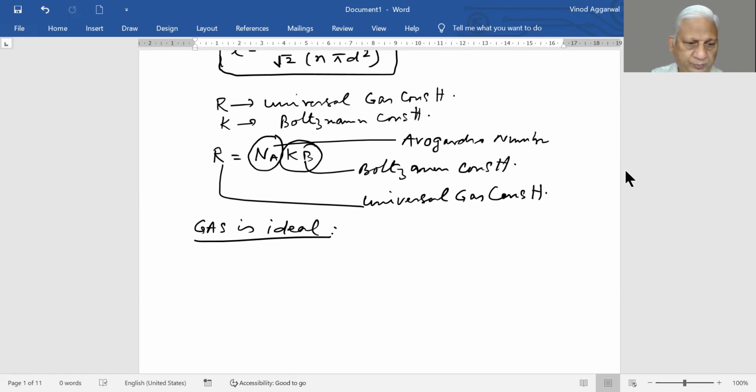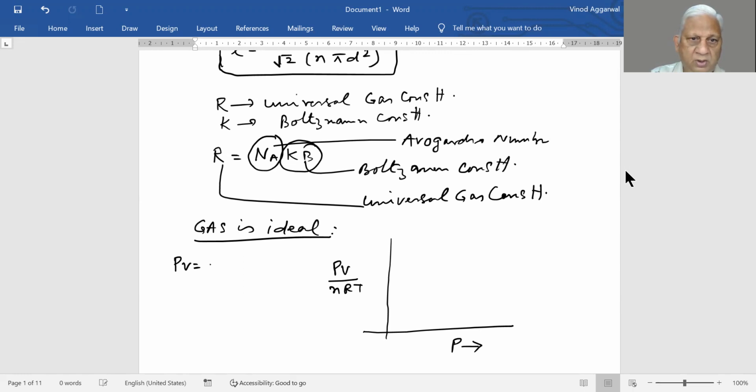So, if we plot pressure versus PV by nRT, now we know that PV is equal to nRT.